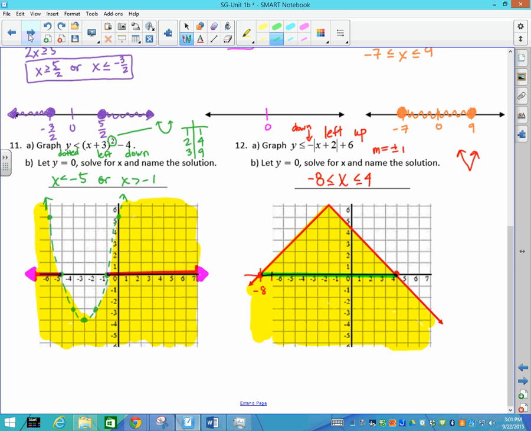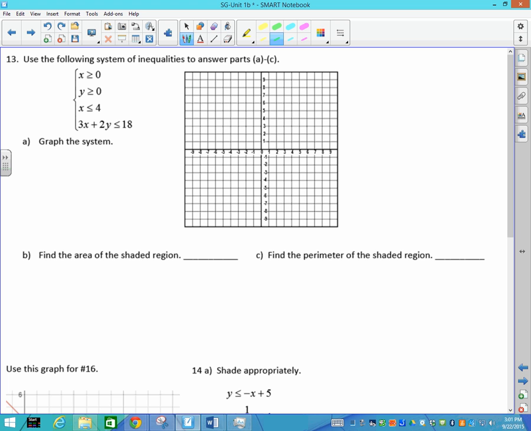All right, moving on to number 13. In this particular problem, we are supposed to graph our system of inequalities. So, x is greater than 0. You know that this is the line x equals 0, and we're going to shade that way.